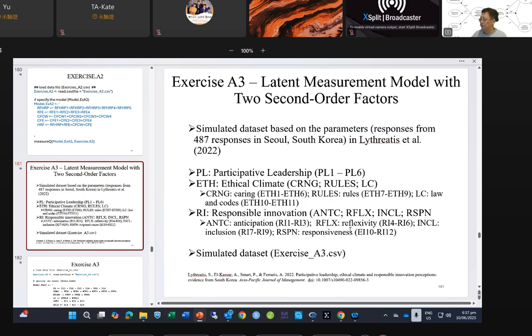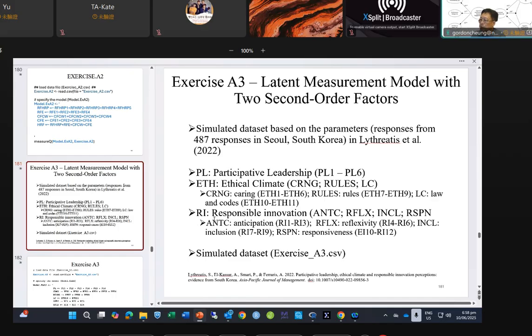Now, we have 2 more examples. This example has 2 second order factors. I'm on slide 181. The first factor, a latent variable, is participative leadership, measured by 4 items. Then we have the first second order factor, ethical climate, which has 3 dimensions: CLNG, which is caring, rules, which has 3 items, and then law and cost, which has 2 items.